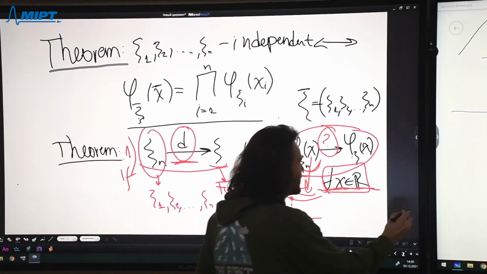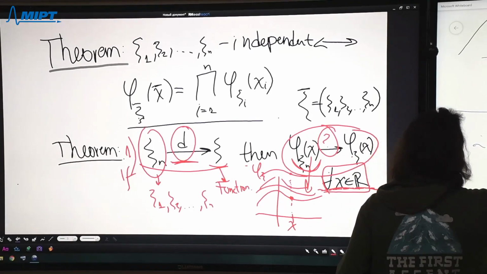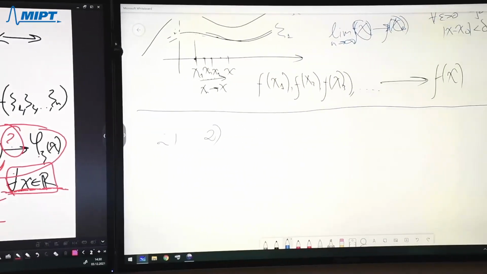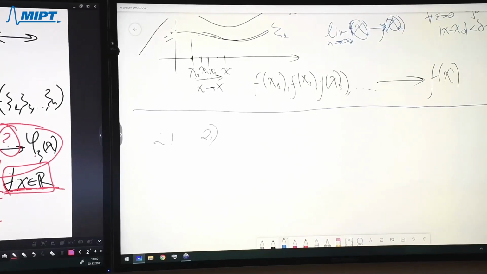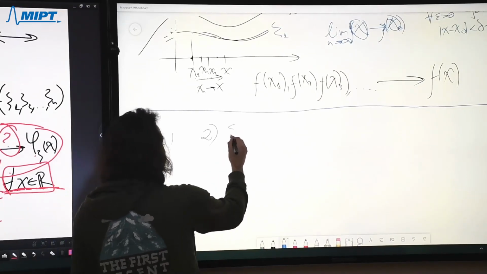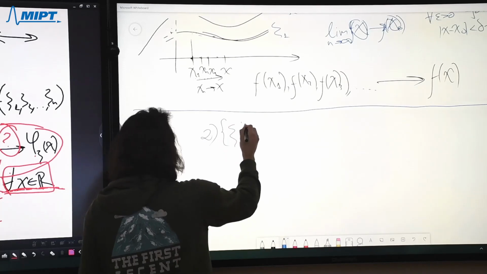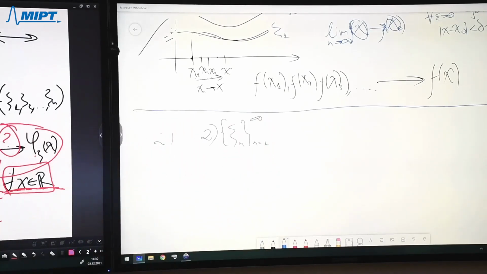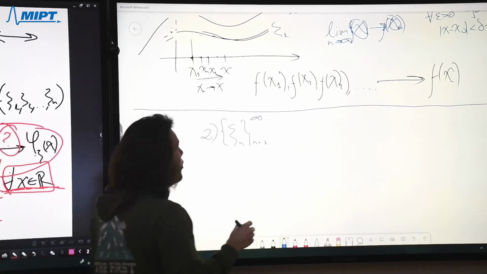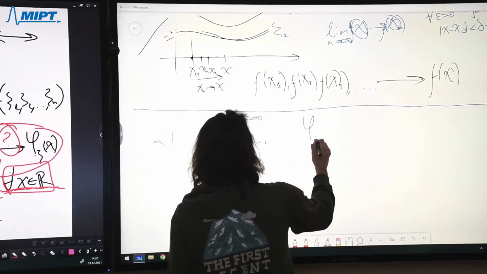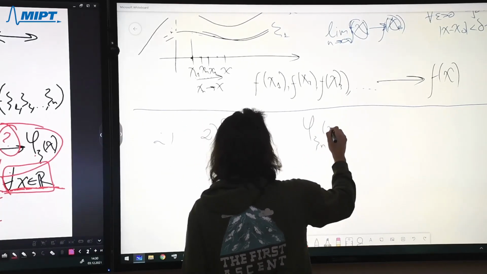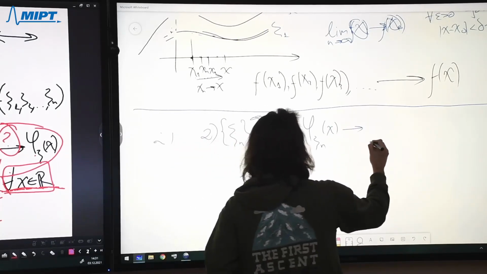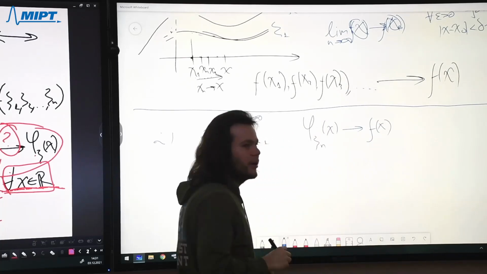And the second statement is that if we have some sequence of random variables, right? And we know that the characteristic function of these random variables converges to some function f, right?